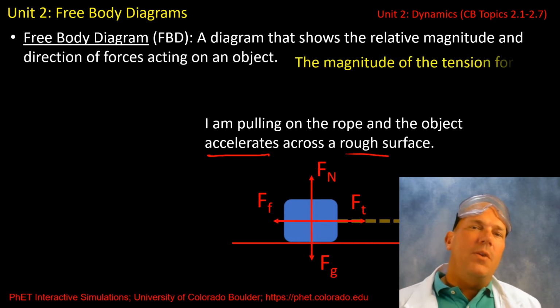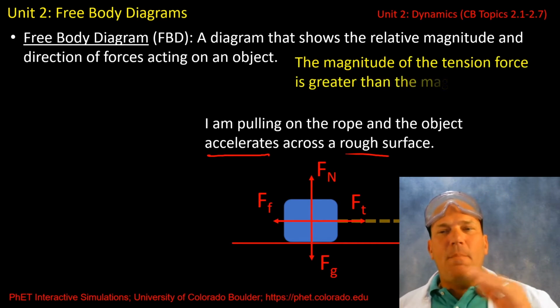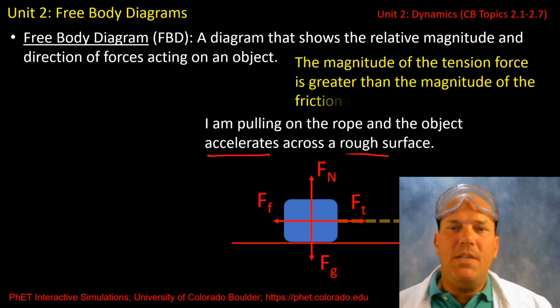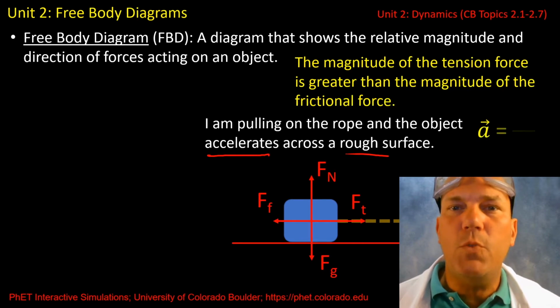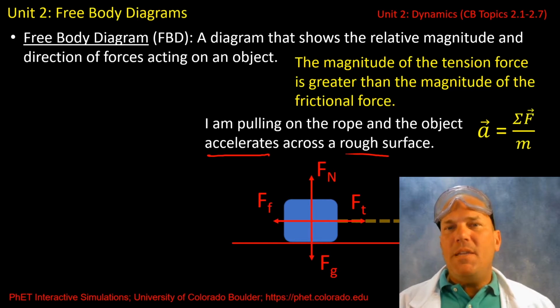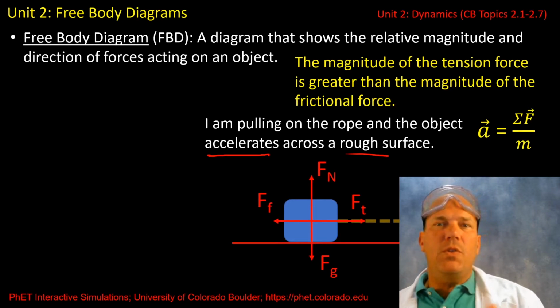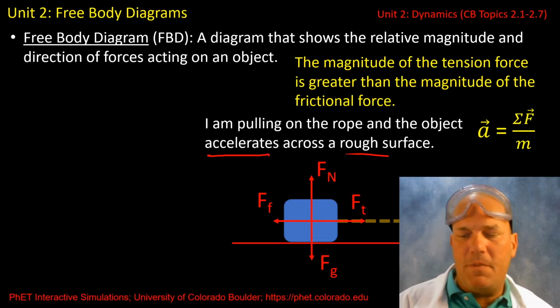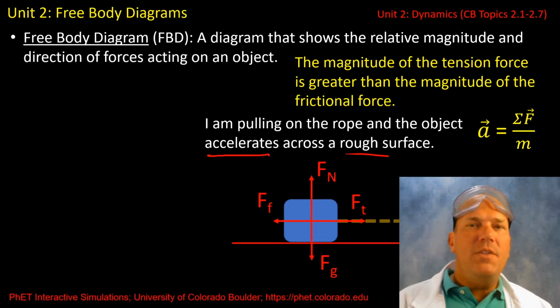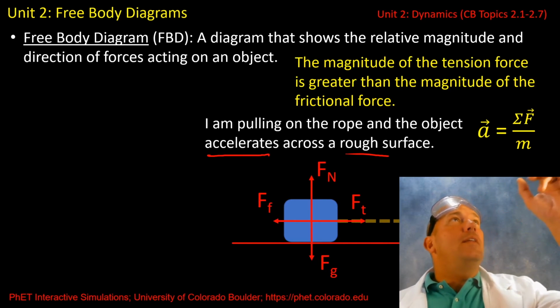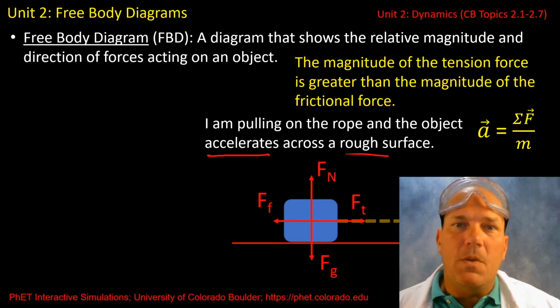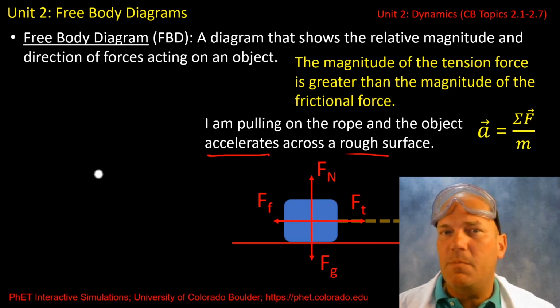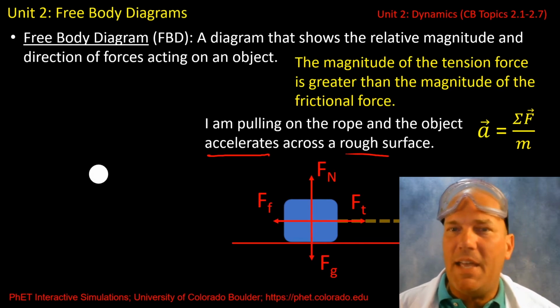All right. So that accentuates the fact that the magnitude of the tension force, which I've drawn to be greater, means that there is a greater force to the right than to the left, which means, again, when you are looking at the equation for acceleration discussed in previous videos, you will get a non-zero value.